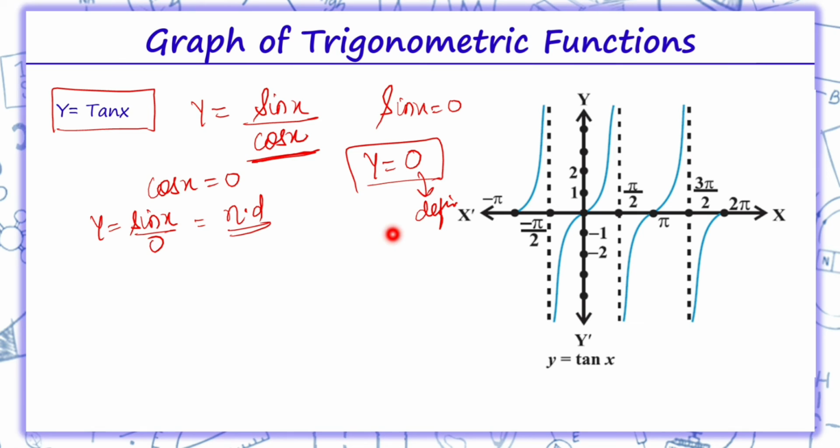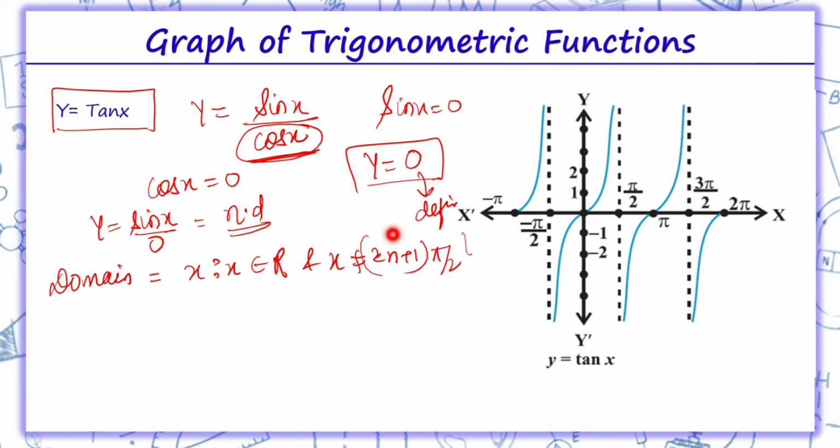So the domain will be all the values except where cos x is 0. When we talk about the domain, x belongs to R and x should not be equal to (2n plus 1) pi by 2. So this is our domain. Now coming to the range.